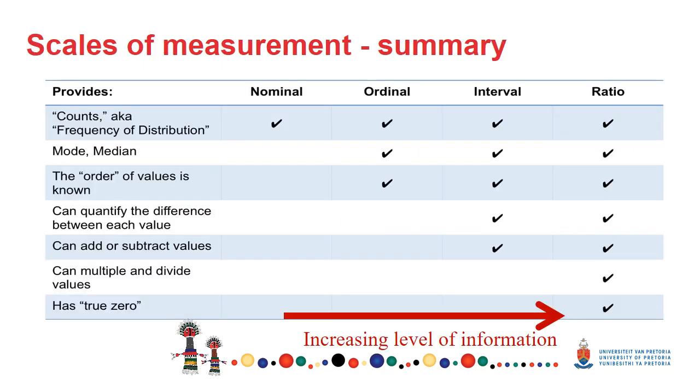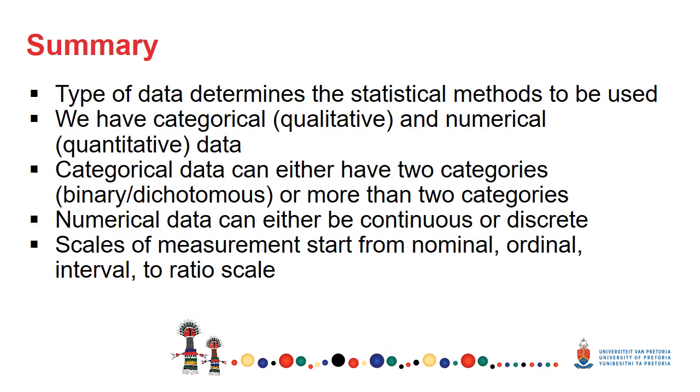This table summarizes the 4 scales of measurement, showing that it becomes stronger as one moves from nominal to ordinal to interval and ultimately to ratio scale. Read this slide carefully to see the differences between these scales of measurement.